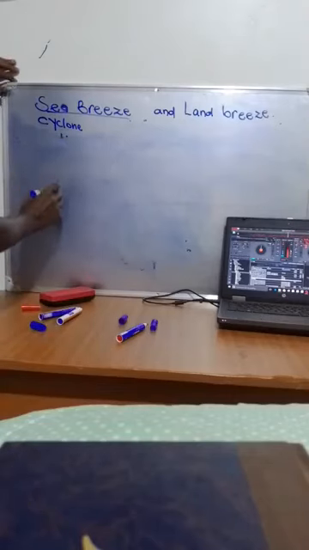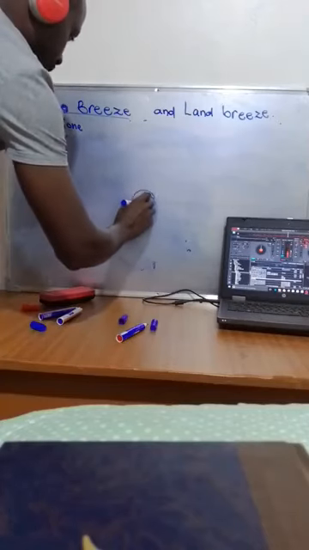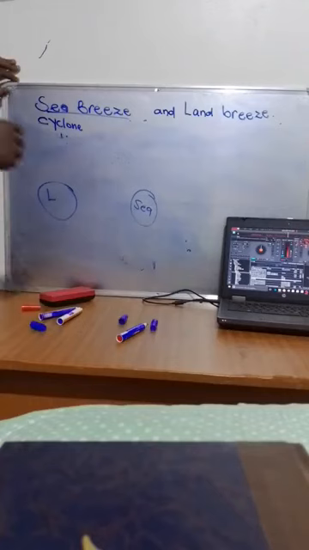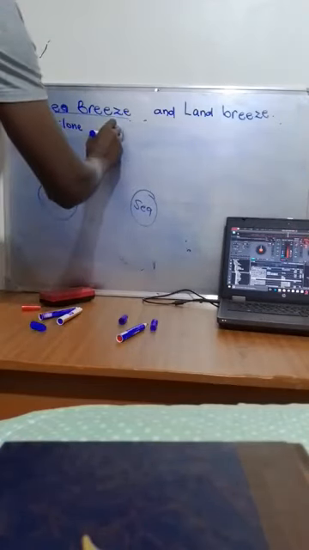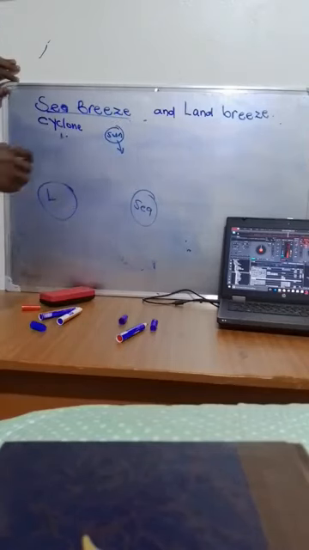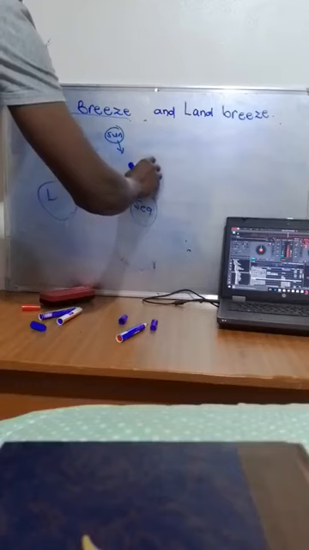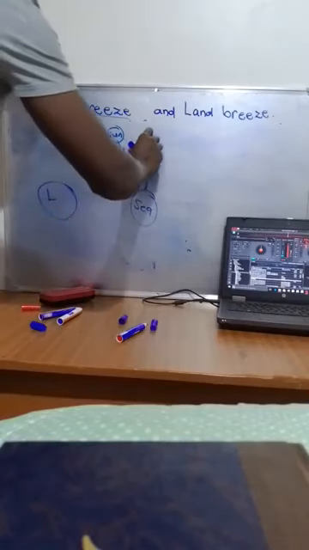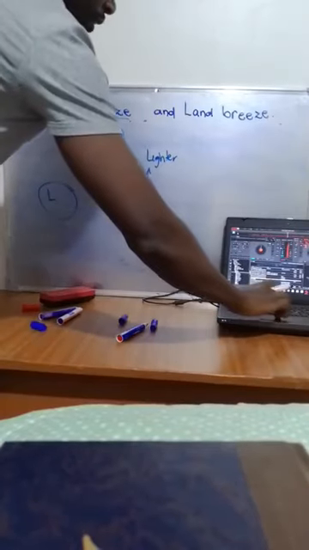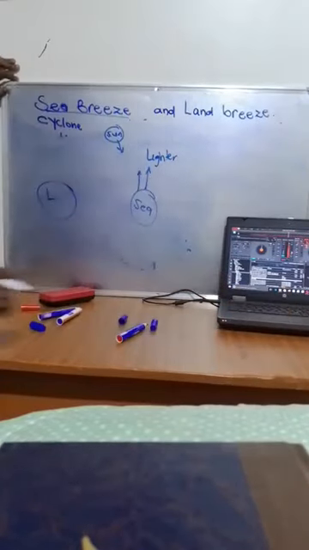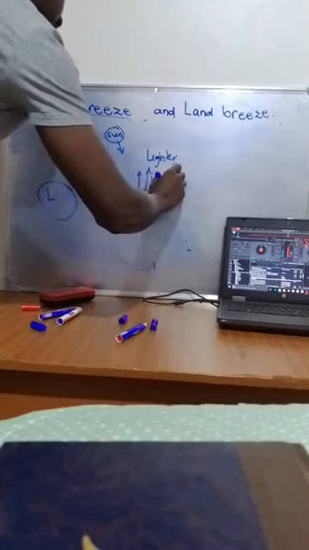Now, this is land. This is sea. Let's see. During the day, when there is the sun, this one gets heated faster. So, this air goes up, becomes lighter. When it becomes lighter, here is low atmospheric pressure.